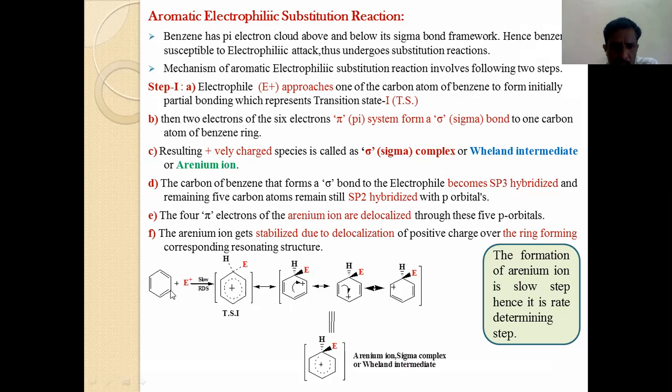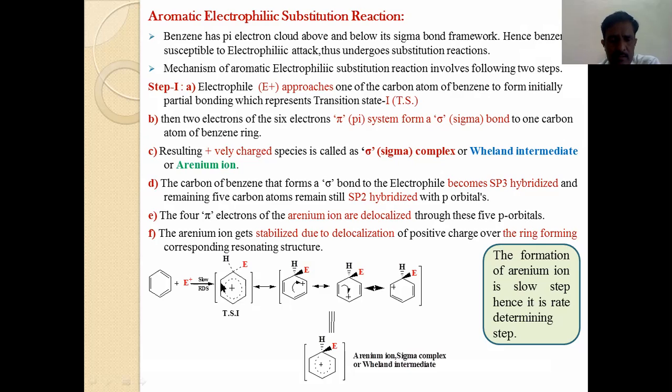Initially, the benzene ring has 6 carbons, all sp2 hybridized. But if the electrophile attacks one of the carbon atoms, that carbon becomes sp3 hybridized. Out of 6, 1 carbon becomes sp3 hybridized, and the remaining 5 carbons remain in the same sp2 hybridization state.